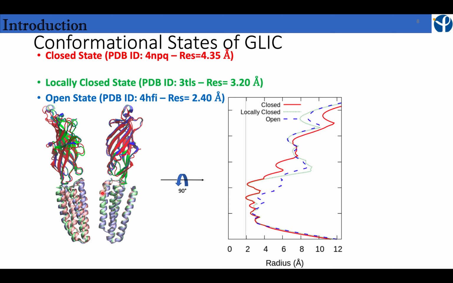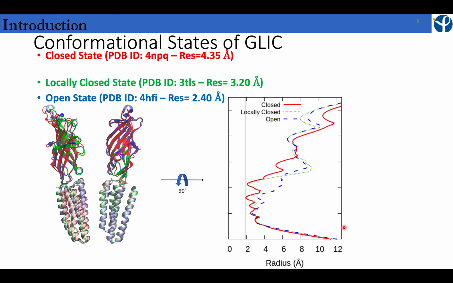I will talk about that. Before that, when we superimpose their channel radii, you can see that the open state, in blue, obviously has the largest channel radius. The locally closed state looks like the closed state at the TMD level, but looks like the open state at the ECD level.